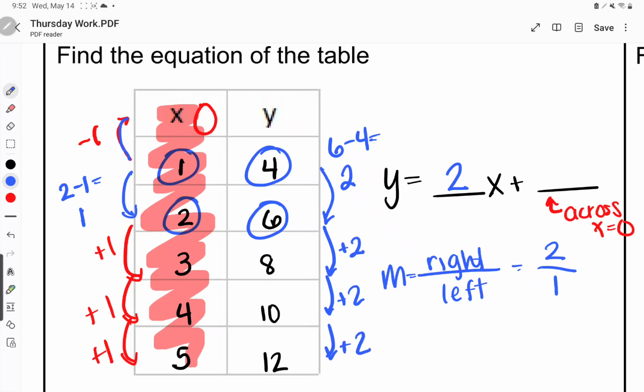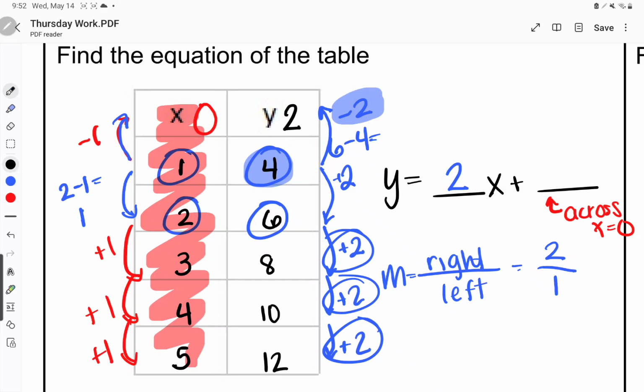So if this moves backwards by 1, this right here would move backwards by 2, because these are 2's going all the way up. So I would subtract 2 on this side. So I would do 4 minus 2, and 4 minus 2 gives me 2, which makes my y-intercept 2.